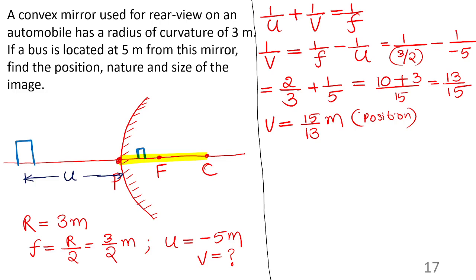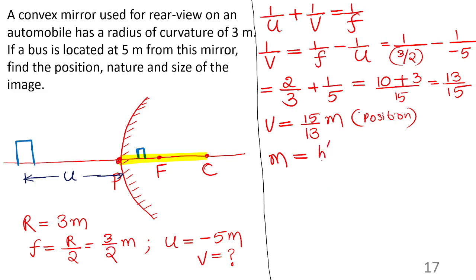So I did not get the complete information about the image. I got only the position of the image. I don't know whether the bus appears as an inverted bus or an enlarged bus. So for that purpose we have to find the magnification.